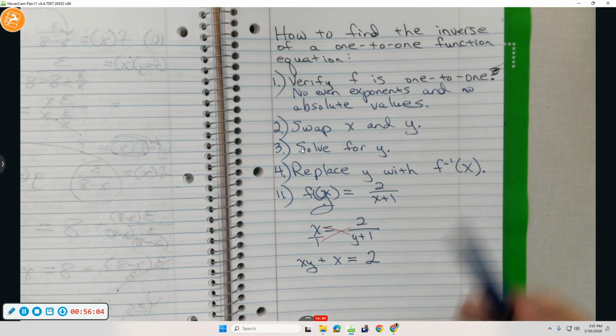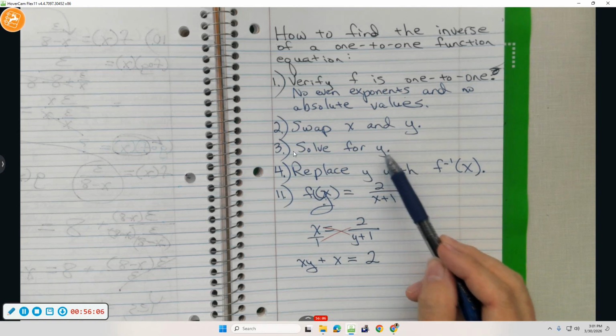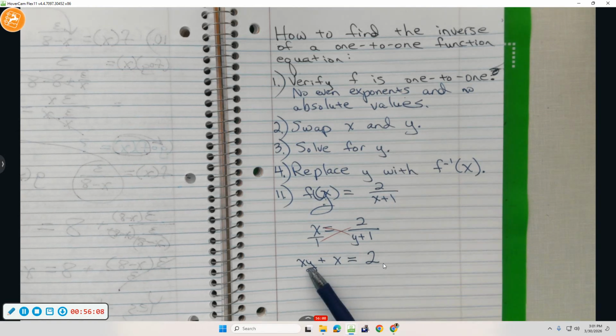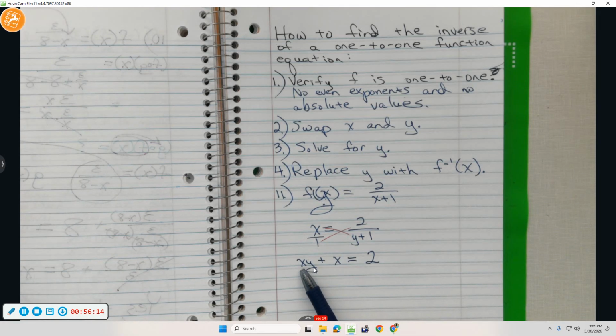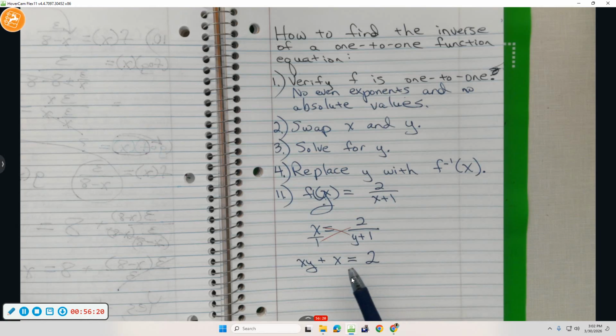So you're trying to isolate the y now. We're trying to solve for y. Well, there's only one y term. We'll get that y term by itself and then we'll divide by x. But before we do that, what do we have to do with that plus x?